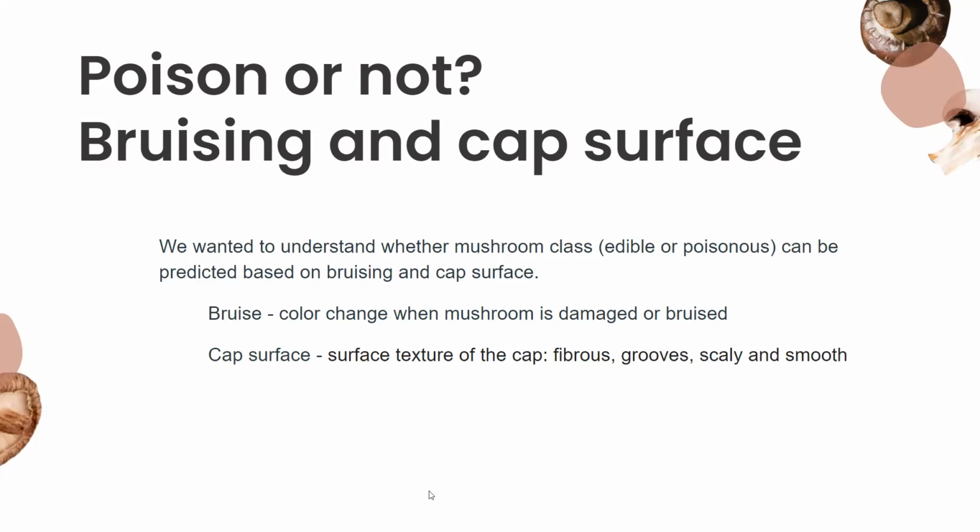Sure. So we wanted to understand whether mushroom class, which is edible or poisonous, can be predicted based on bruising and cap surface. So bruising is the color change in a mushroom when it's damaged or bruised, and then cap surface for this purposes, fibrous, grooved, scaly, and smooth.